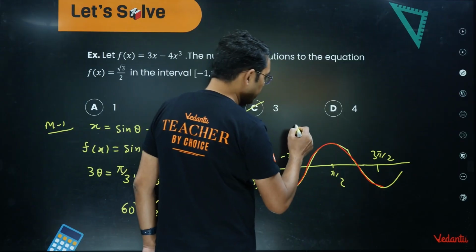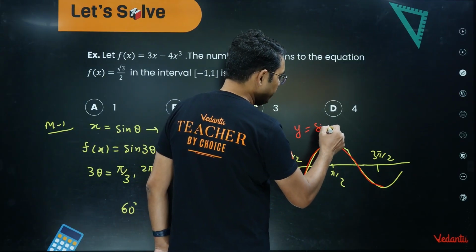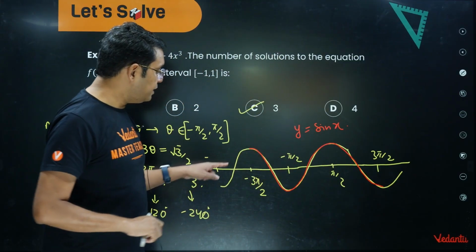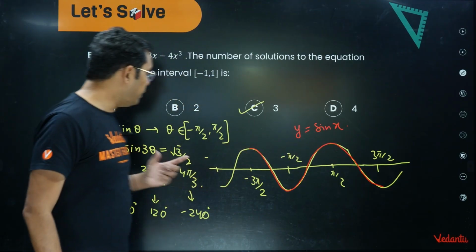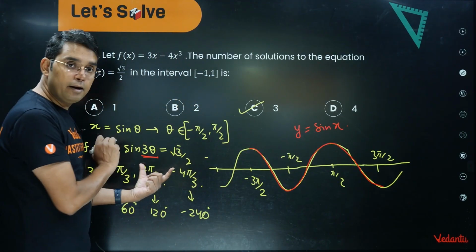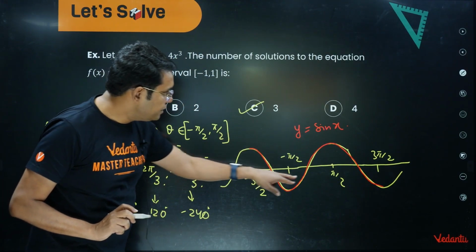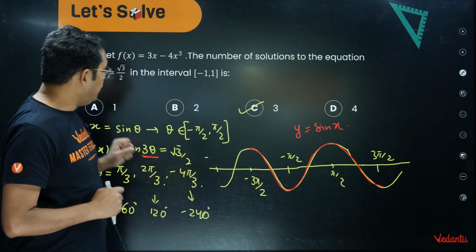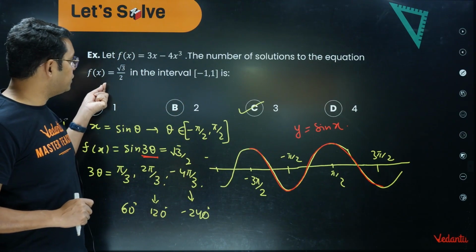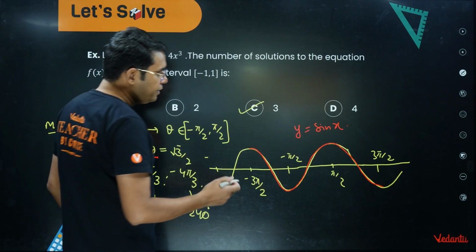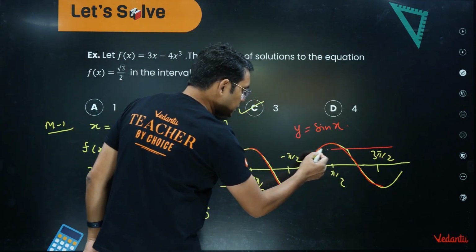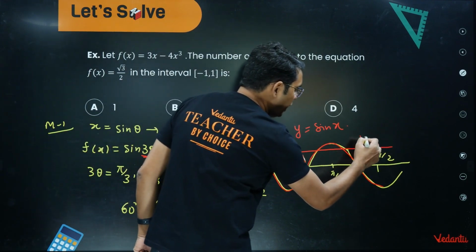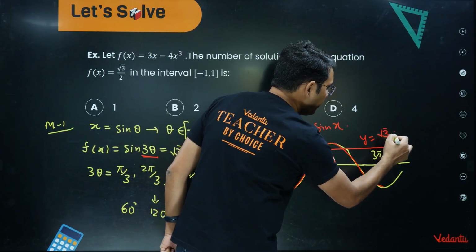This is the graph of y equal to sine x, when x is ranging from minus 3 pi by 2 to 3 pi by 2, which is the range of 3 theta here. Now, for this portion of the graph, if you are looking for the value of the function to be equal to root 3 by 2, it should be an intersection by the line y equal to root 3 by 2.